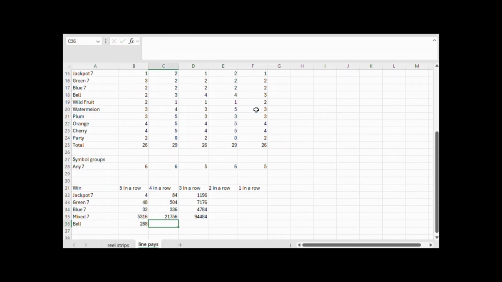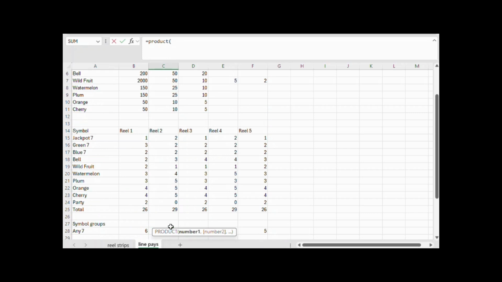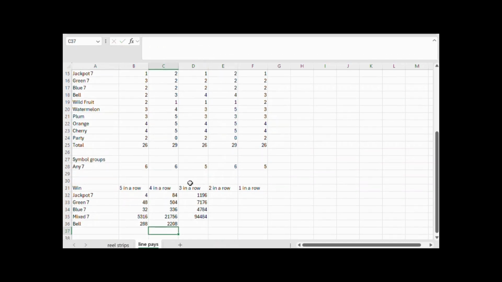So the number of ways the player can get 4 bells is the product of the number of ways he can get them on reels 1 to 4 times the number of ways he can get anything except a bell on reel 5. So that number of combinations is 2,208.